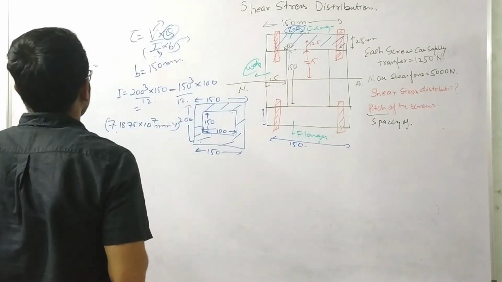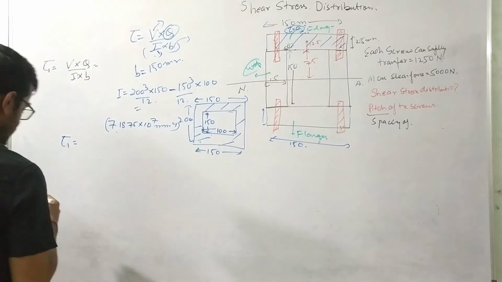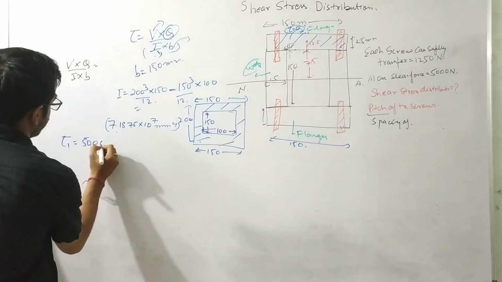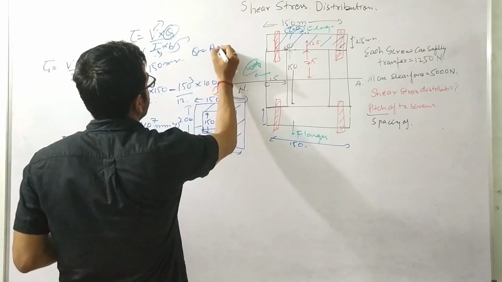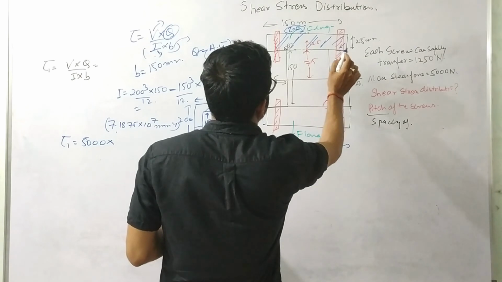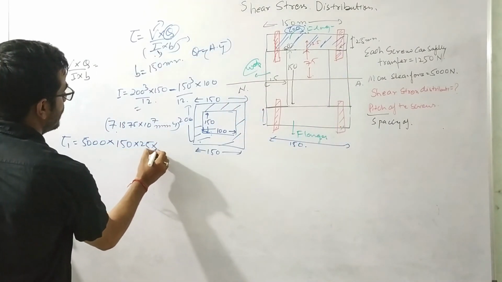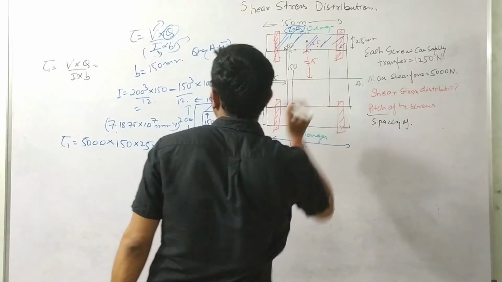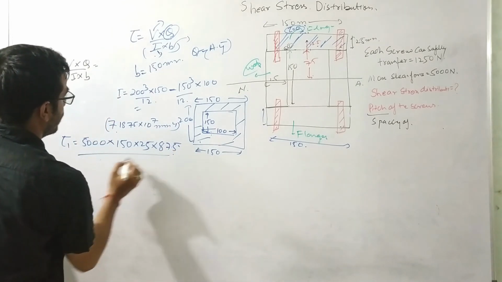Then tau1 will be equal to 5000 into Q over I into B, where Q is the first moment of area, Q equals A into Y bar. So area I will take of this portion only, which will be 150 into 25. And the centroid is 75 plus 12.5, that is 87.5.